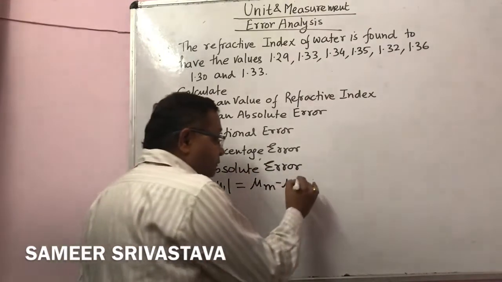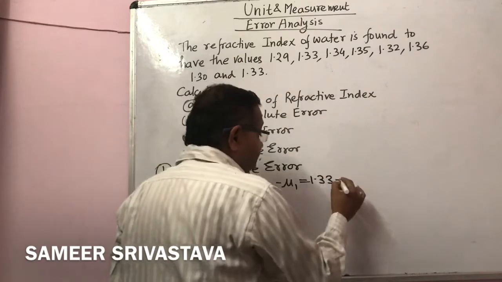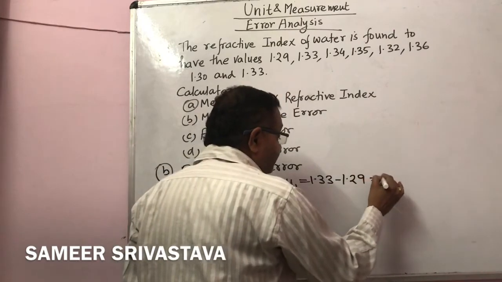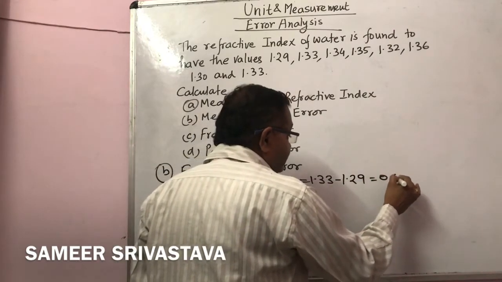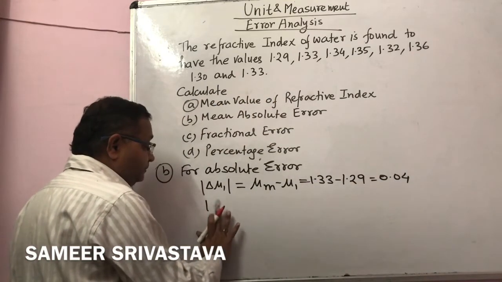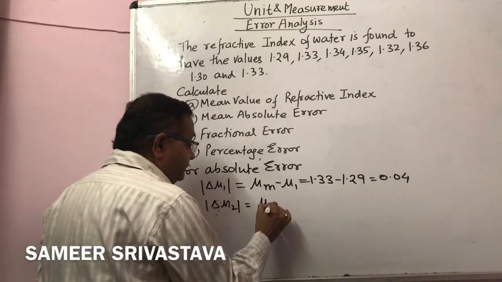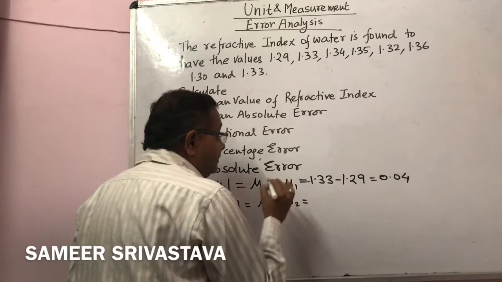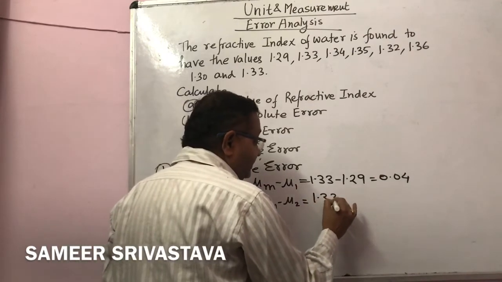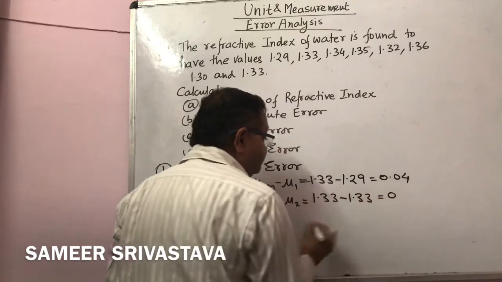What is the value of mu m? 1.33 minus mu 1, which is given as 1.29. This is 0.04. Similarly, mod delta mu 2, mu m minus mu 2. Mu m is 1.33 minus mu 2 is 1.33. This will be 0.